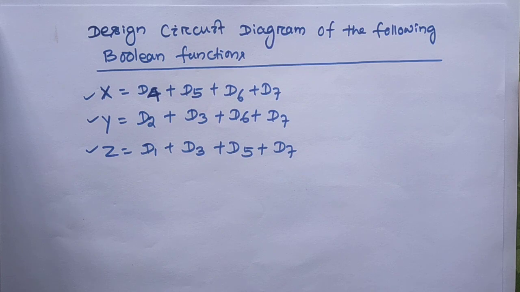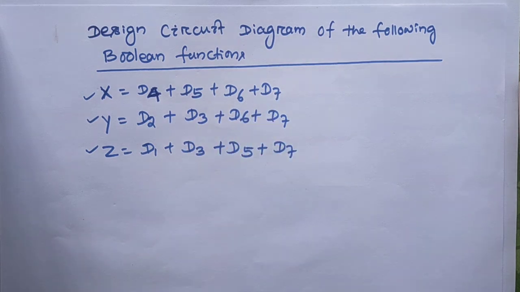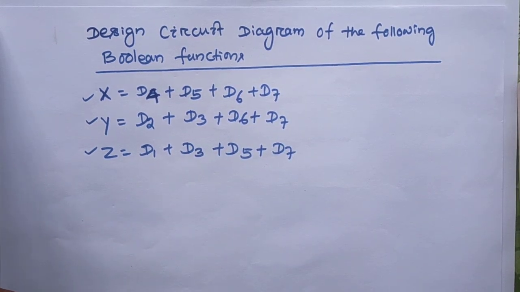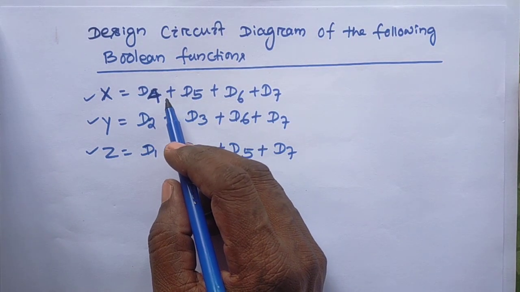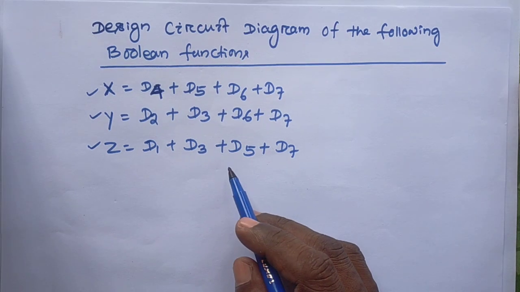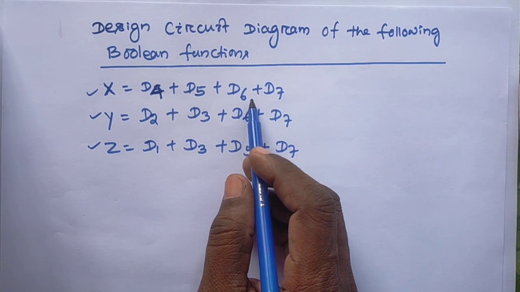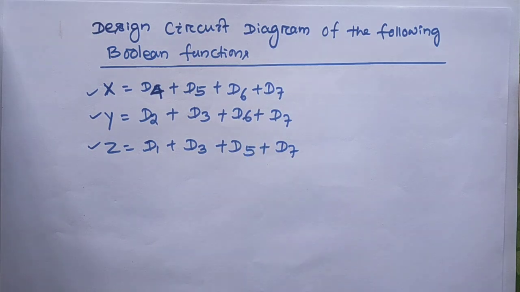If we discuss these Boolean functions, you can see there is an addition of a number of inputs. So we can consider an OR gate, because it is a very simple addition of inputs D4, D5, D6, D7. The plus operators are here, so we will consider an OR gate.